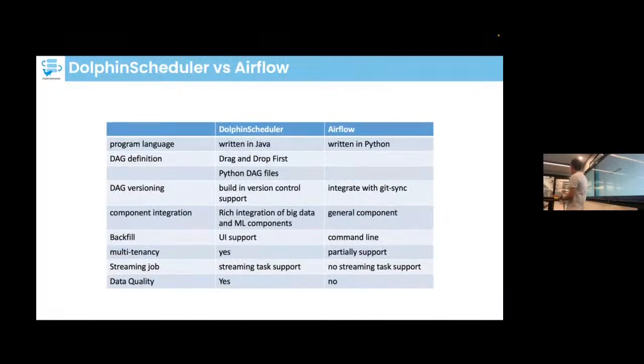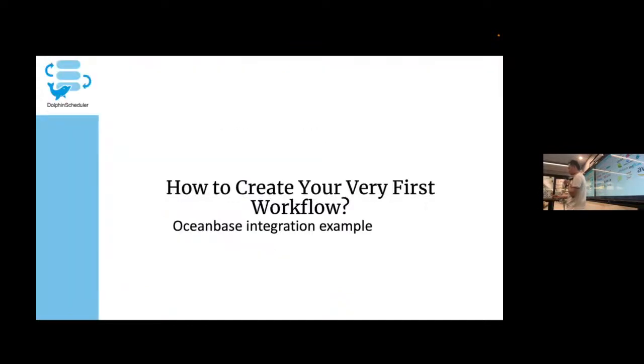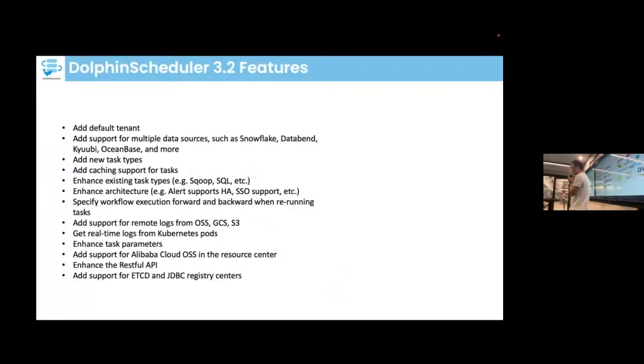Next, I will talk a little bit about the DolphinScheduler community. Right now, DolphinScheduler has many users. Many companies are using DolphinScheduler, like IBM, Dell, Lenovo, Tencent in China, WPS, and also Walmart.